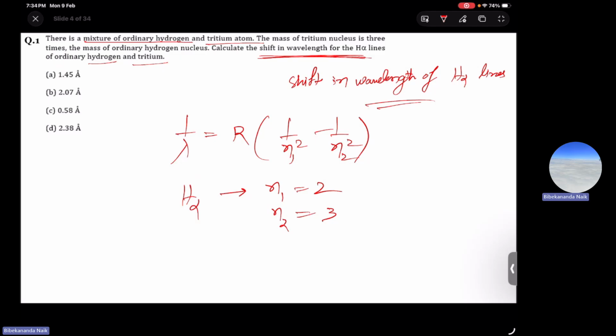So for the H alpha line, n1 is 2 and n2 is 3. Now why will there be a shift in wavelength for the H alpha line for ordinary hydrogen and tritium? This is because of the expression of R, which is Rydberg's constant. R will be different for hydrogen and tritium because the mass of tritium is 3 times the mass of hydrogen.